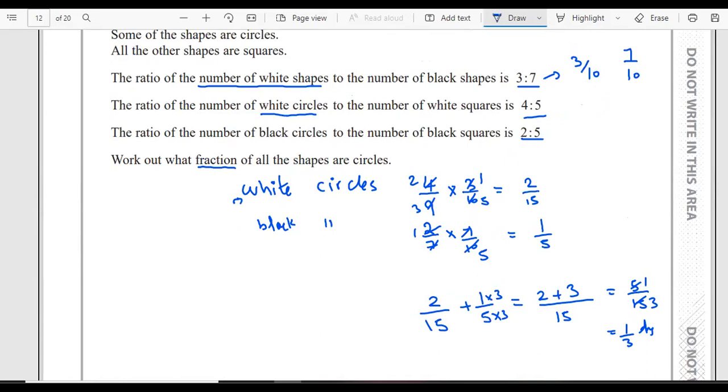Okay. So the first step was to find the fraction of white circles and black circles. That turned out to be 4/9 and 2/7. And that is not it. I need to multiply this with the fraction of white shapes and black shapes just so I know the exact number, right? Ah, okay. And that gave me 1/3. And then for the black one, you times it by 7/10.